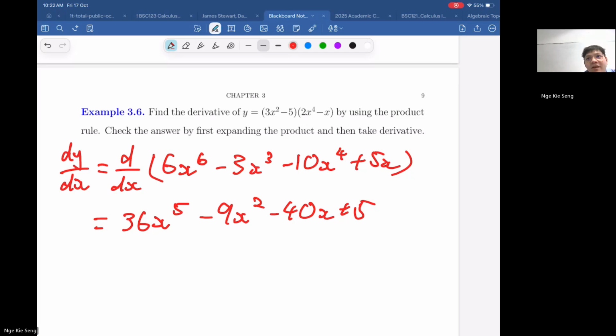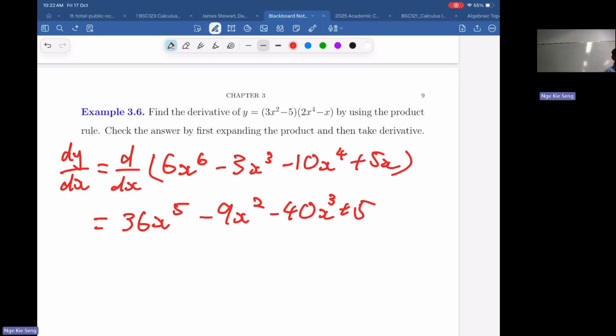Correct. Which part? Minus 48? Where is the 48? Minus 40... oh, cubed. All right, sure, thank you. So minus 40x cubed. Other than that, okay.